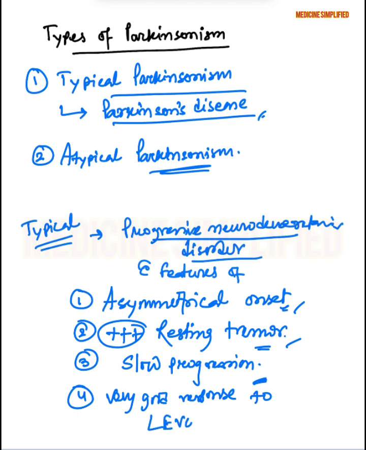I will talk about it in detail when we talk about the management of Parkinsonism. Now just hear the word levodopa. It is the primary medicine in the treatment of Parkinsonism. So the typical Parkinsonism consists of asymmetrical onset, positive resting tremor, slow progression of the disease, and very good response to levodopa.